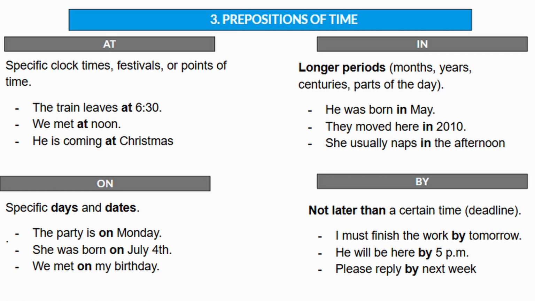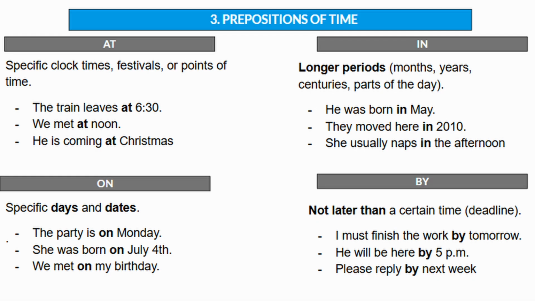The train leaves at 6:30. I wake up at 6 o'clock. We met at noon. It is a part of the day. He is coming at Christmas. Also, when we talk about festivals, you can use at.